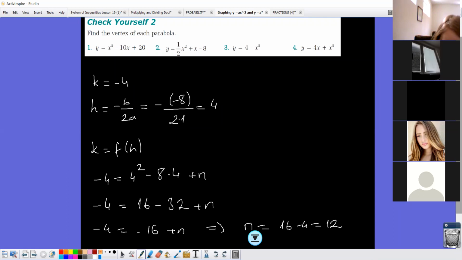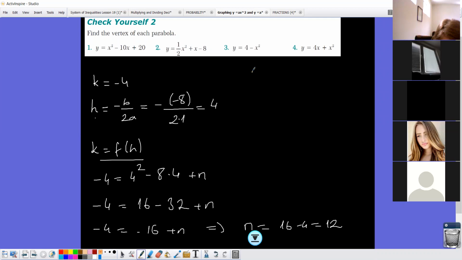It's okay here, check yourself too. You have this in your book, you can try to find the vertex point with the formula for h and the formula for k. You will write only the values of b and a instead, and you'll find the h and k of the vertex point.